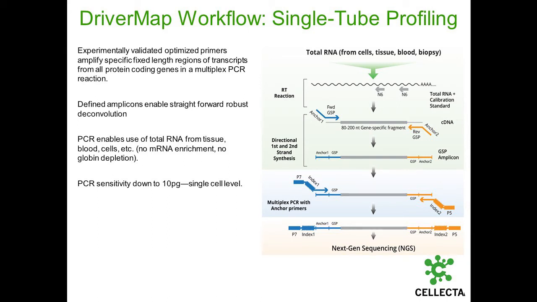As a result, you start with total RNA, since it's a targeted reaction, and you can run one single reverse transcriptase and then PCR amplification and get 19,000 amplicons, each unique for a different human gene. And those 19,000 amplicons can be quantified by next generation sequencing.